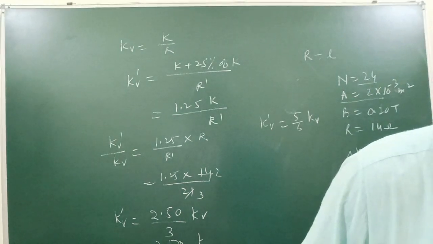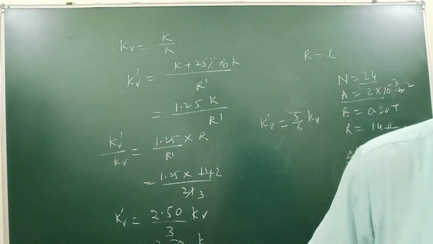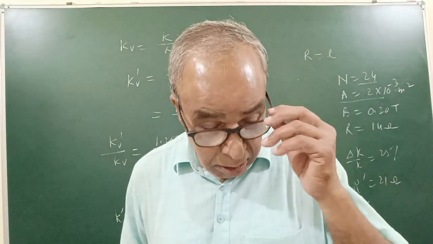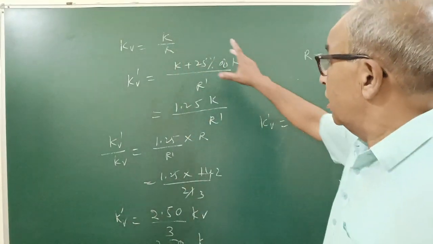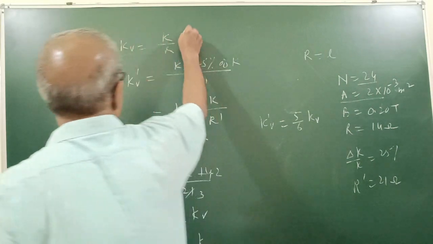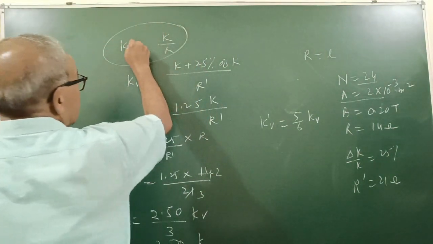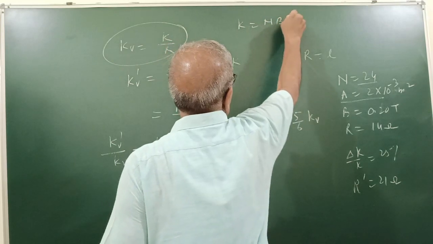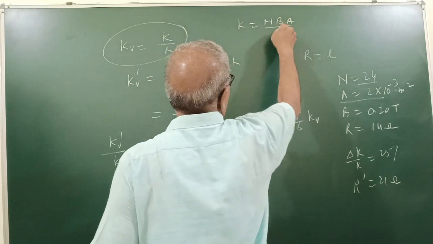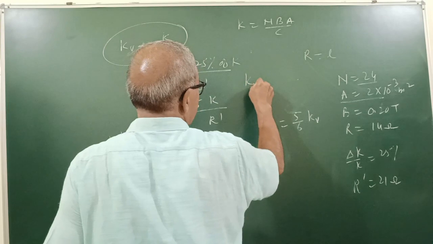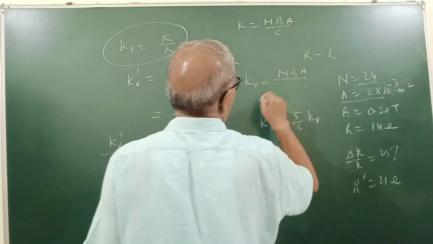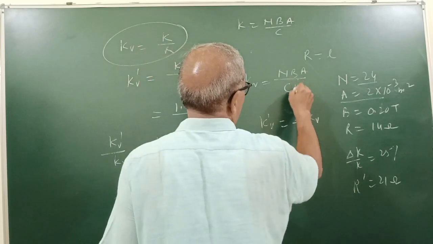It has decreased. So this way you can try some other questions based on sensitivity, but remember this relation. If you forget this, remember K is equal to NBA upon C, and voltage sensitivity is NBA upon CR.